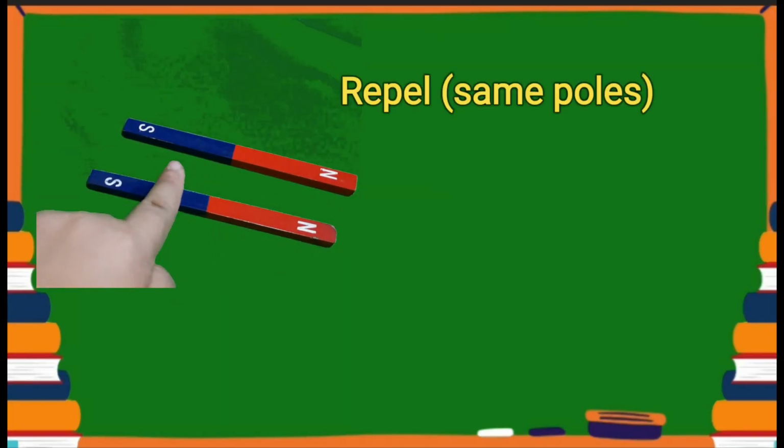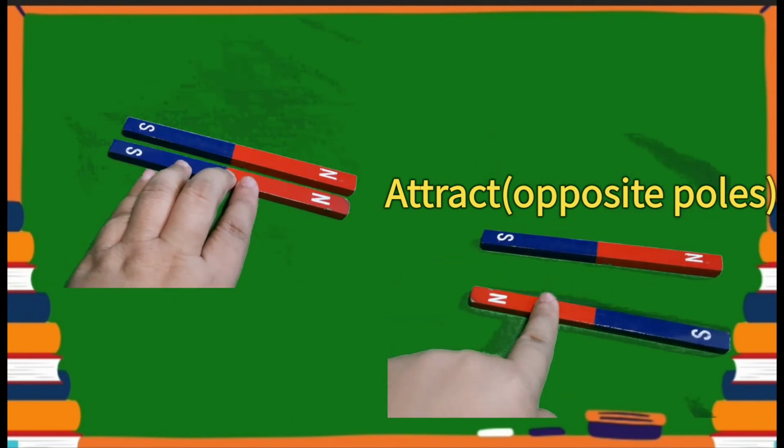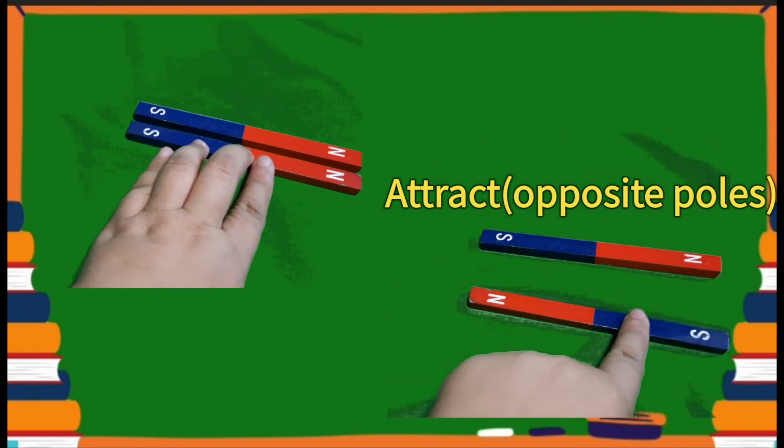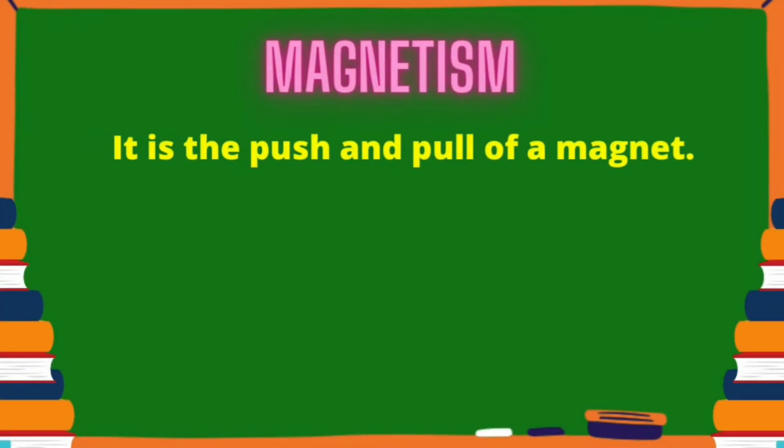Again, the same poles repel, while opposite poles attract. This behavioral force of magnets is called magnetism. Magnetism is the push and pull of a magnet.